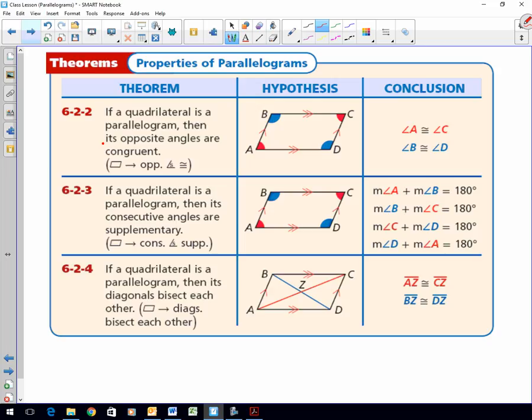In a parallelogram, opposite angles are congruent. In a parallelogram, the opposite angles are congruent. Nope, you wrote opposite sides are congruent. Yeah. In a parallelogram, the consecutive angles are supplementary.